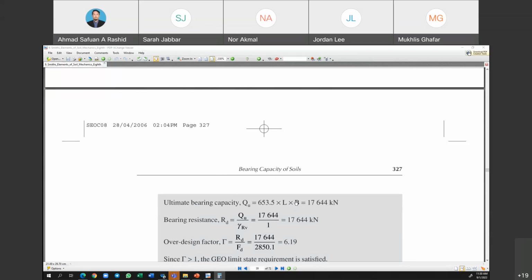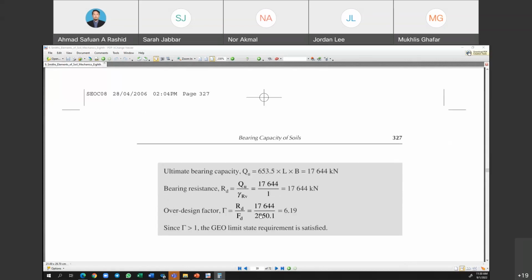I guess we should use the B prime, because the B prime is the effective B, to get the ultimate bearing capacity value. So for combination number two, the value is 6.19. Since the over design factor is greater than one, the geo limit state requirement is satisfied.